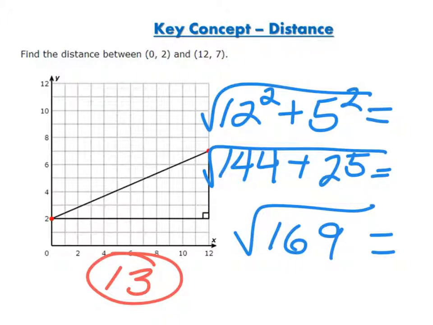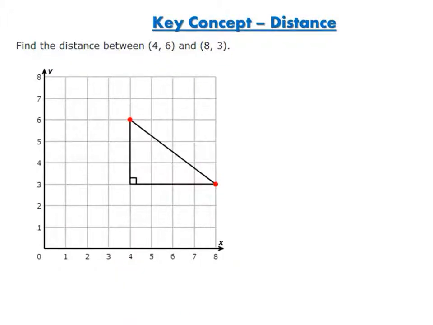So the distance between that point and that point is 13. Just remember that the length of the distance between 2 points will always be somewhat longer than either one of the x or the y-axis.